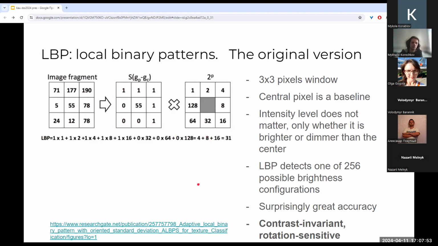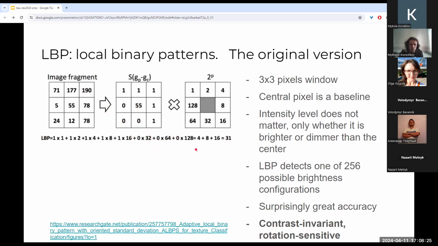And then we get a vector of ones and zeros. But a vector of ones and zeros is a really awkward thing to work with in computers. A much better thing for computers is a binary value. For example, we can multiply every 1 or 0 by 2 to the power of p, where p is the number of the pixel's position around the central one.